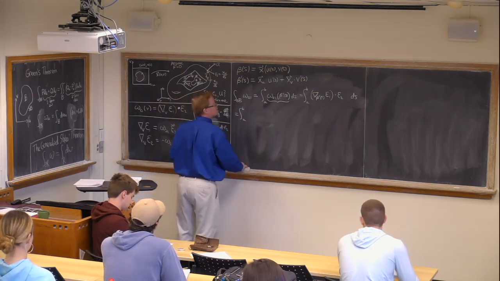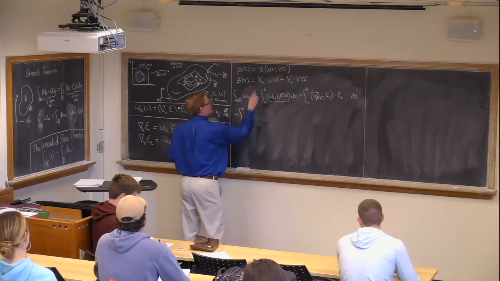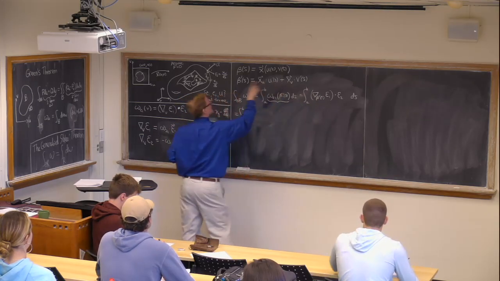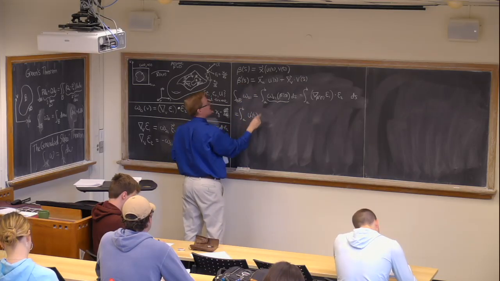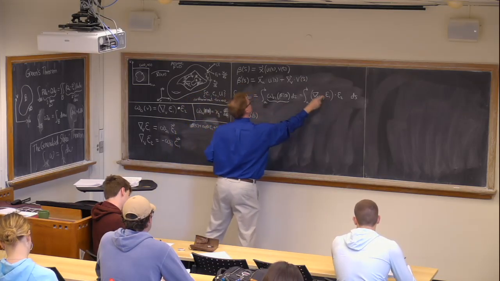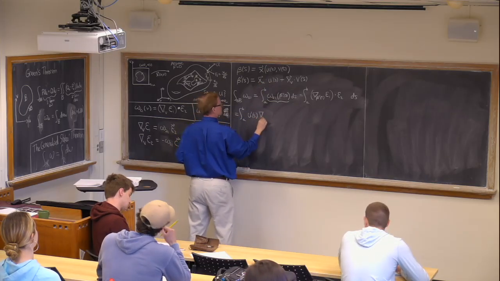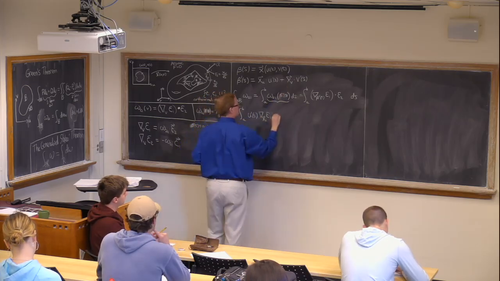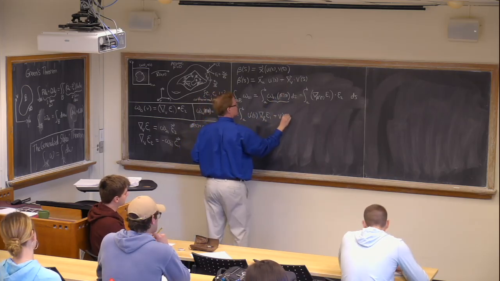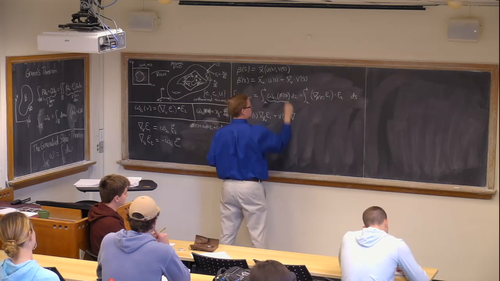My notes could be a little better, so that's why I'm going a little slower here. The point is, I'm going in the direction of beta prime of s. So this means I'm going to get u prime of s, and then I take the covariant derivative of E1 in the direction of xu, and then plus v prime of s times the covariant derivative of E1 in the direction of xv.